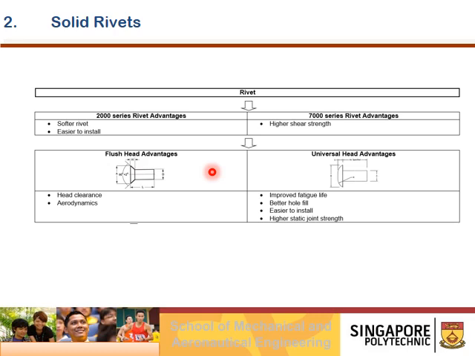While the universal head is used when you want better fatigue life and higher static joint strength. Of course, the universal head is easier to install and has better hole fill capability compared to the flush head. You will understand what I'm trying to say when you carry out the riveting process in practical work.